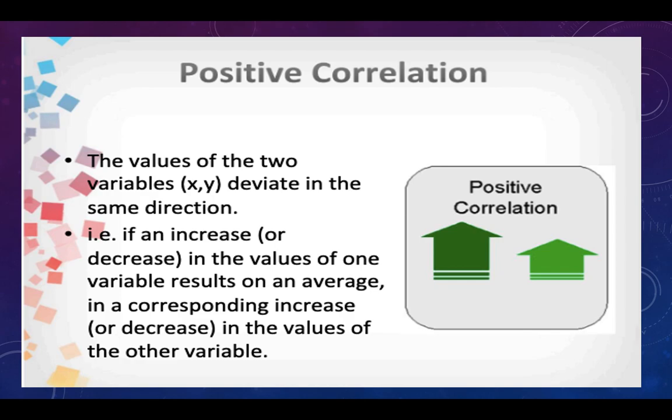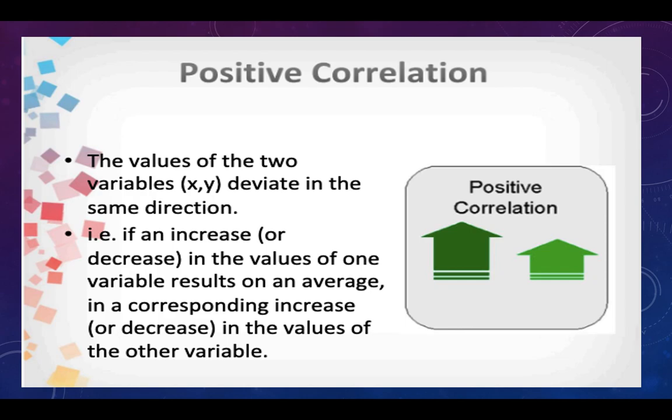So let's come to know what a positive correlation is. As the name suggests, it is a positive value or increase of value. So in positive correlation, the values of the two variables move in the same direction. If the height is increasing, weight will also increase accordingly. So that is an example of a positive correlation.